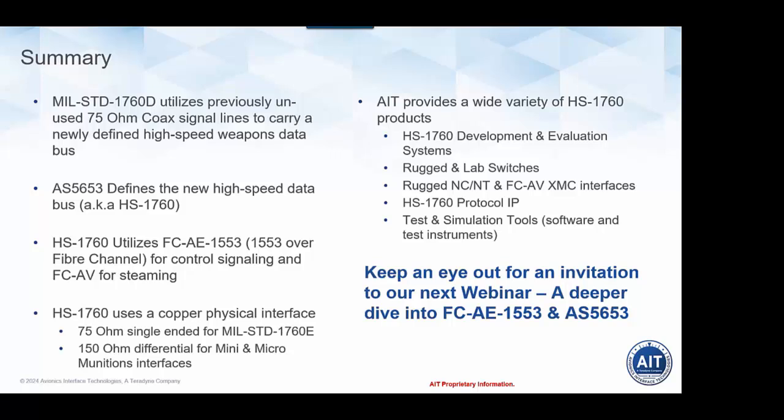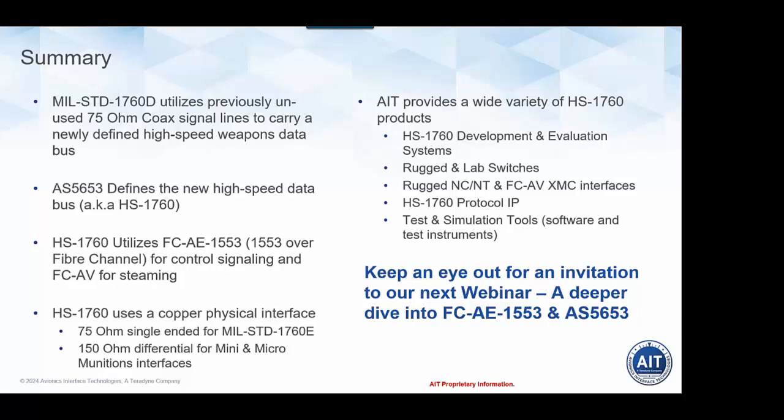So, a summary of what we discussed today. Mil standard 1760D utilized coax signal lines previously unused; Mil standard 1760E utilizes what were previously unused 75 ohm coax signal lines in the Mil standard 1760D interface. On those coax signaling lines, AS5653 is used as the high-speed data bus.